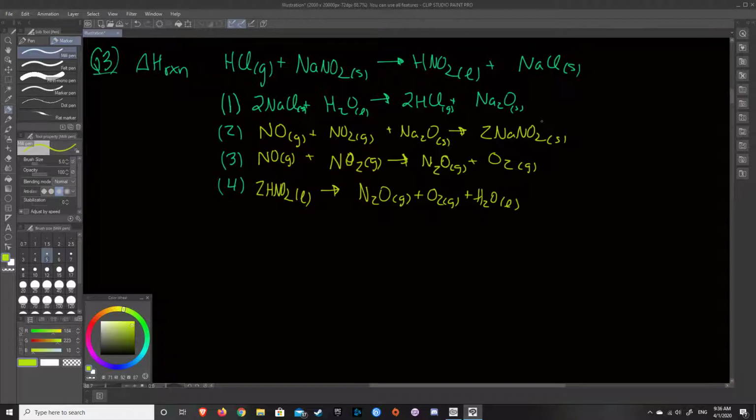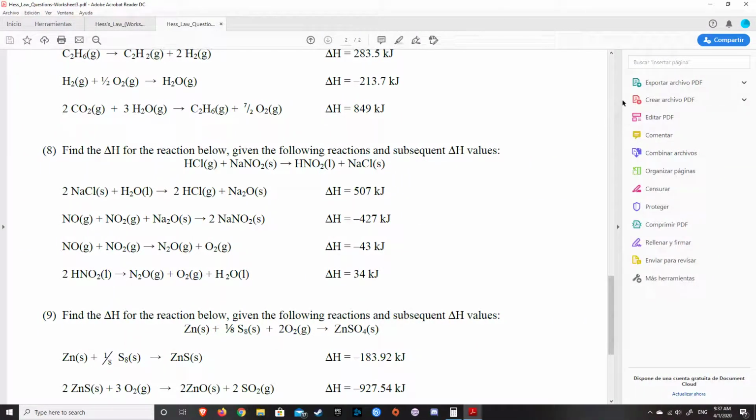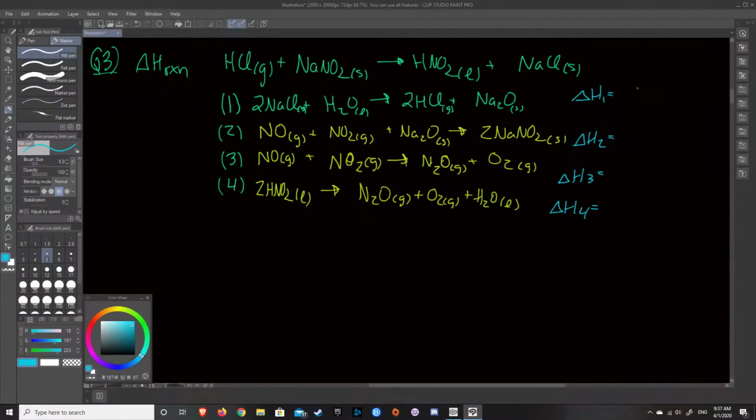So give me a second, I got to write down these delta H values. So let's write that down in a nice light blue. Delta H1, delta H2, delta H3, and delta H4. So 1 is 507 kilojoules per mole.